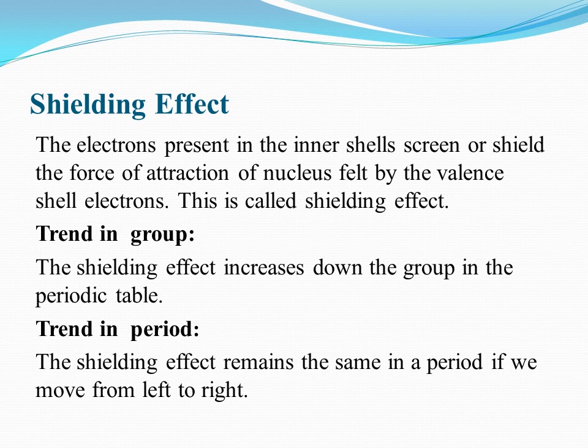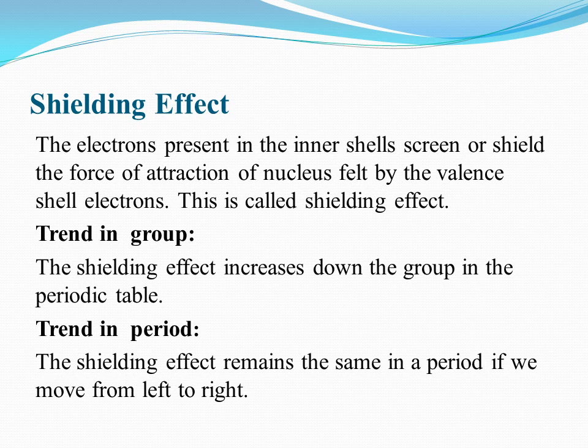As a result, the valence electron experiences less nuclear charge than the actual charge, which is called effective nuclear charge. It means that electrons present in the inner shell screen or shield the force of attraction of the nucleus felt by the valence shell electrons. This is called shielding effect.